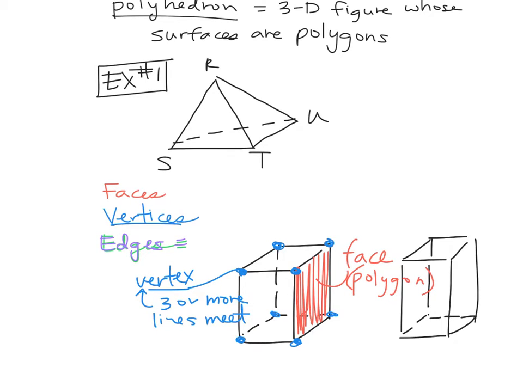Okay, and then the last one is edges. And for edges, it's just where 2 faces meet up. So like this line here, that's an edge. So an edge is where 2 polygons meet. Well, let's say 2 faces.